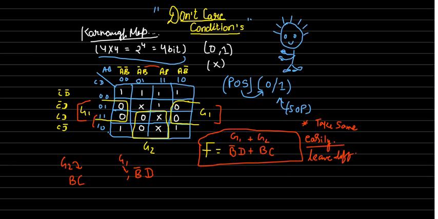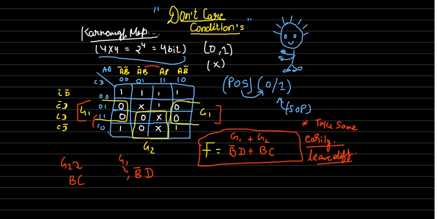We leave the different thing and take the same thing. That's all. We have learned this in a quite fantastic way. Congratulations, my dear friend, you have learned the don't care condition, and you also learned the application of Karnaugh map in 4 bits.